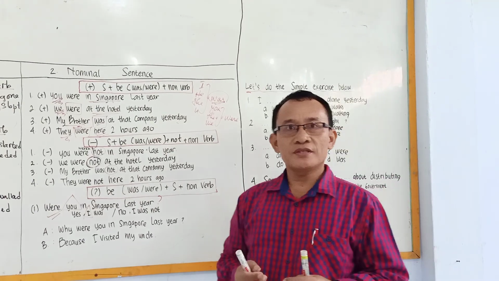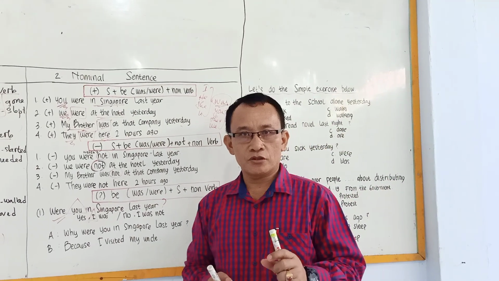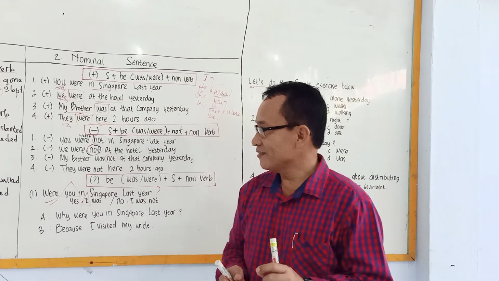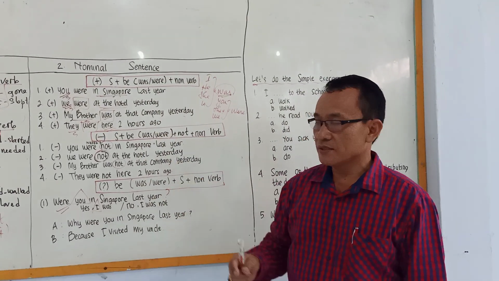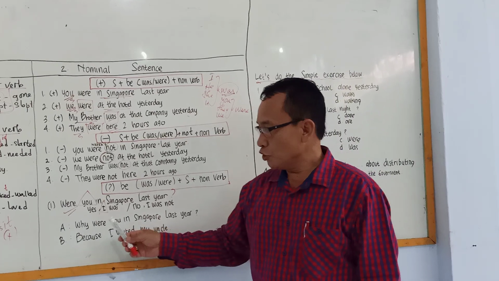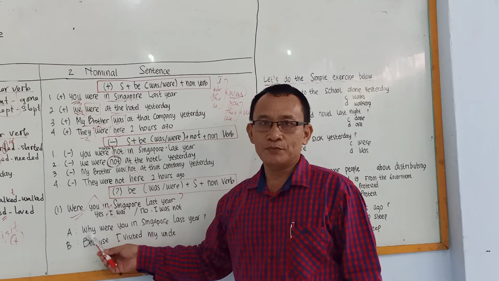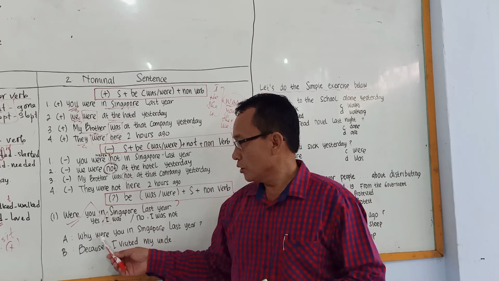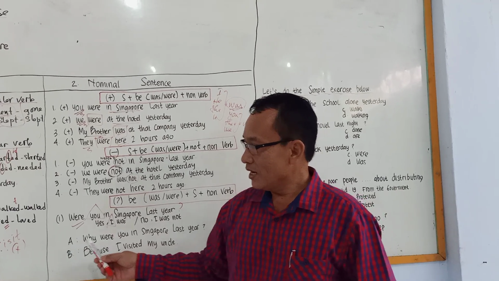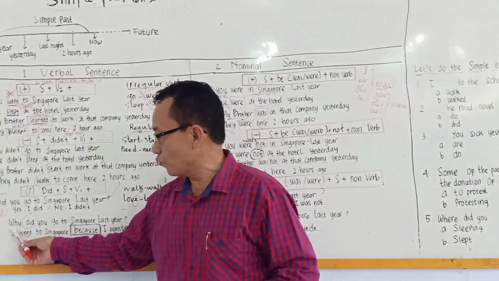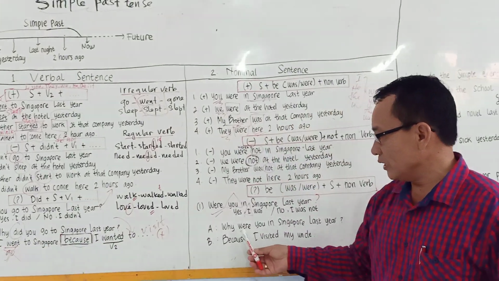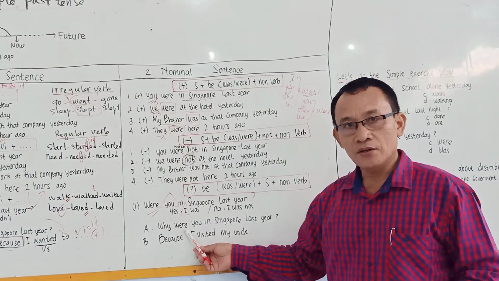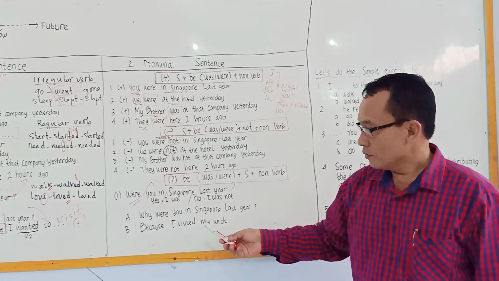And how about using the WH question for nominal sentence? It's almost the same as the verbal sentence. It means that after WH question, you can use be. Here, after WH question, you can use did. After WH question, you can use were or was. Okay?